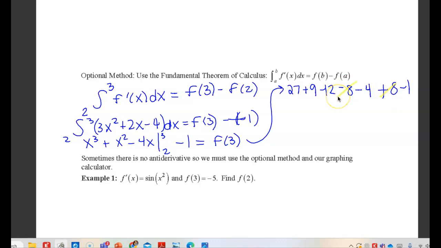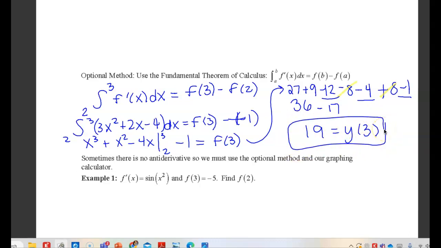So positive 8 and negative 8 cancel. 27 and 9 become 36. Negative 12, negative 4, negative 1 become negative 17. And then 36 minus 17 is 19. So what that means is that y of 3 is 19. Good?